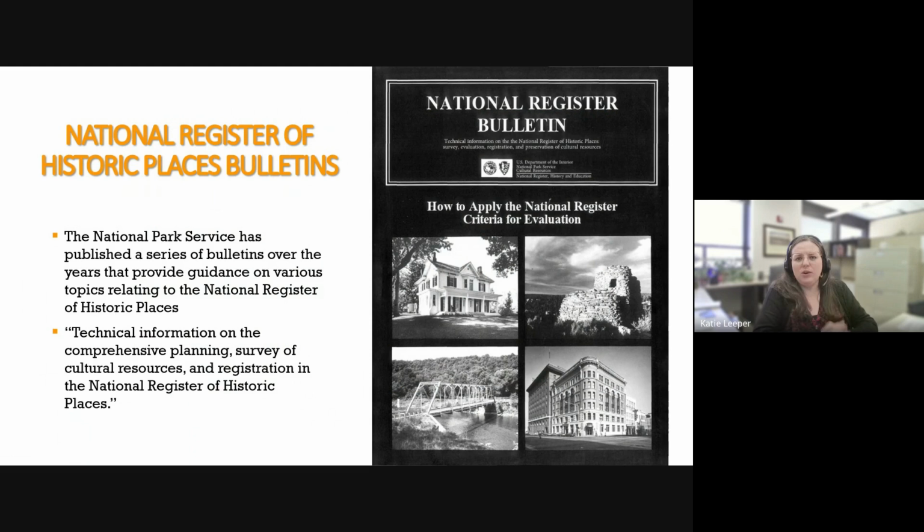You can see one of the first ones was how to apply the National Register criteria for evaluation. And they have these on a multitude of topics. For the earliest original bulletins, they had a tagline that said, technical information on the comprehensive planning, survey of cultural resources, and registration in the National Register of Historic Places. And so that was their original purpose.